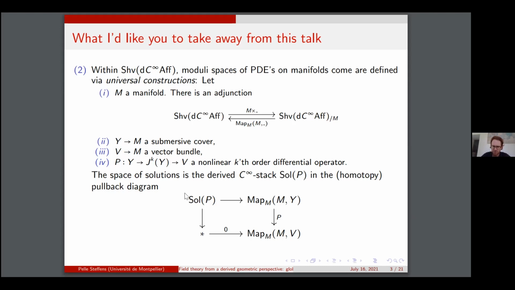You don't understand the neighborhood of a single point in this thing very well. That's something that comes from some deep functional analysis theorem. But at a point you understand it perfectly, because the cotangent complex is simply the dual of the elliptic complex. That determines this field theory at this point.